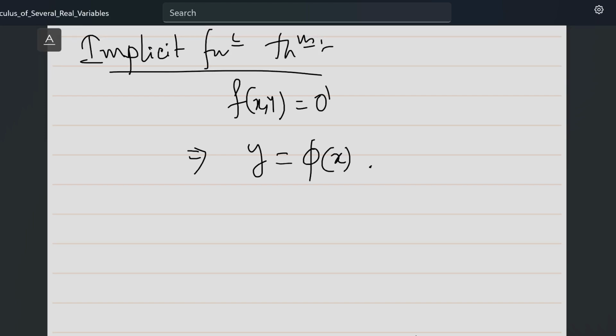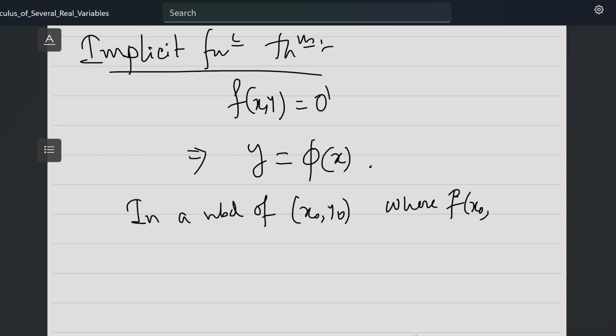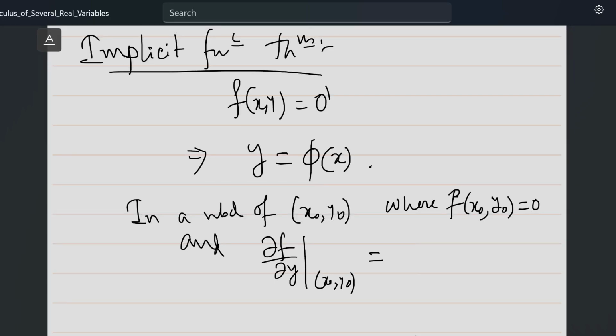What is the criterion to write this? The criterion is: in a neighborhood of some point x naught, y naught where f(x naught, y naught) is 0, and del f del y at x naught, y naught is not equal to 0.